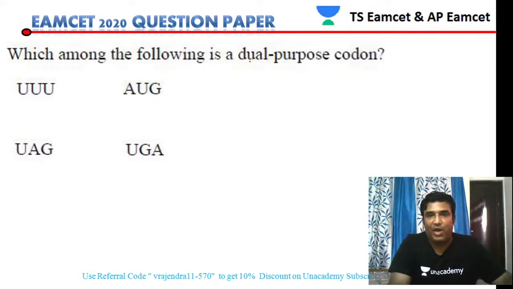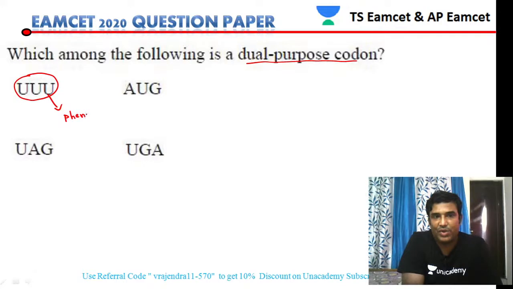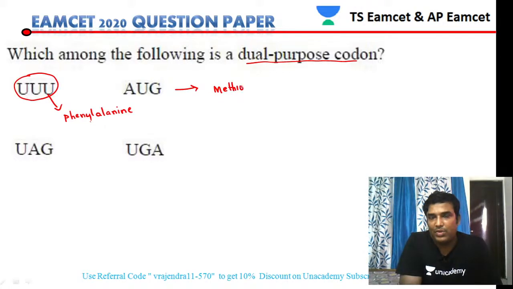Which of the following is a dual purpose codon? If you see the first codon, this is UUU. UUU is coding for the amino acid called phenylalanine.